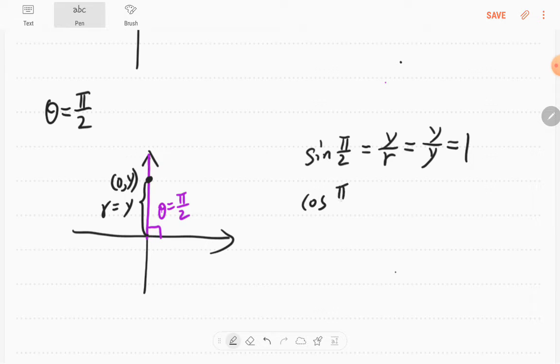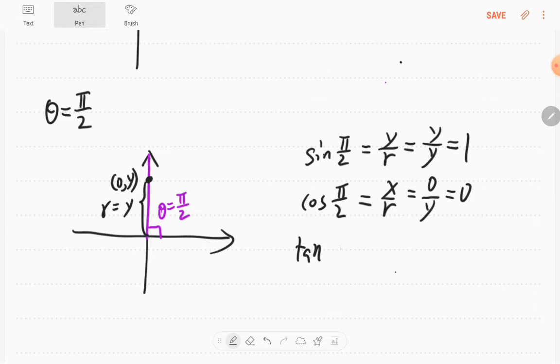Cosine pi over 2 is equal to x over r. X is equal to 0, right? X equals 0, and r equals y, so it's equal to 0.